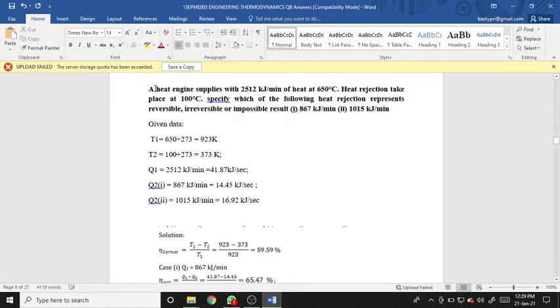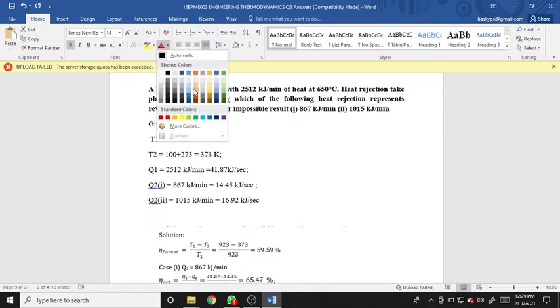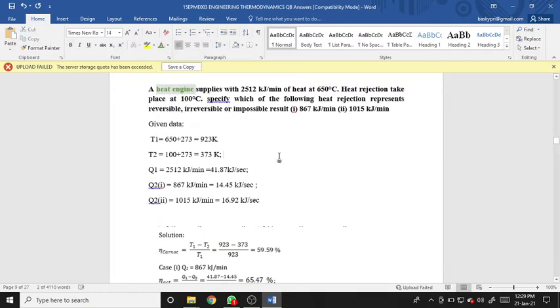So in that, the heat engine is the main parameter. Next, I am going to write the given data. In that, the higher temperature is always taken as T1 and the lower temperature is taken as T2. That means the source temperature we need to take as the higher temperature, which I can represent as TH or T1.